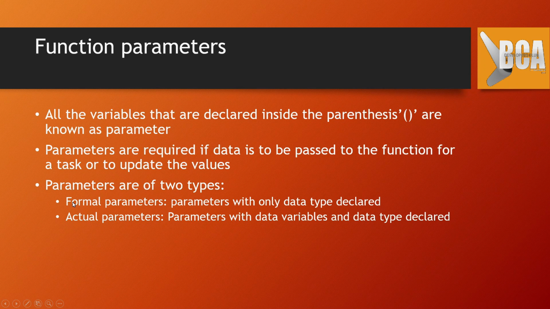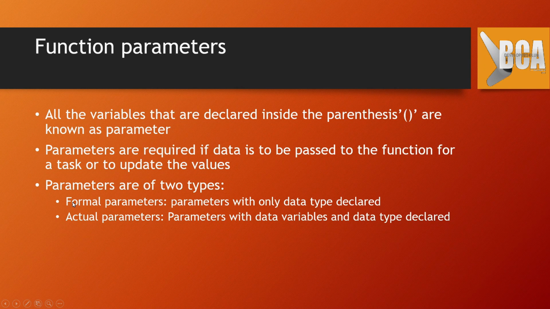Let's say for the function name add and parameters int a comma int b, right? So how I will call the function is, I will write add, open the parenthesis, and then input a comma input b, right?